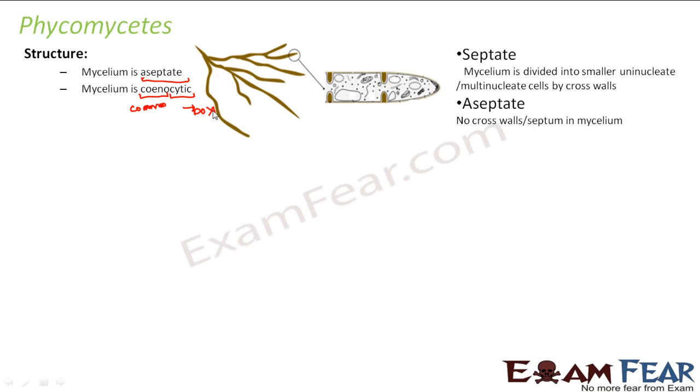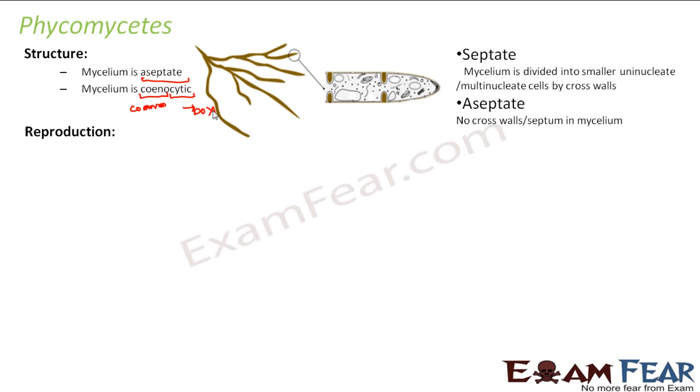This type of mycelium is known as cenocytic. That means many nuclei are present inside the common cytoplasm. Whenever the mycelium is aseptate, it has to be cenocytic, so they are related to each other. If the mycelium is septate, it will not be cenocytic because it will not be sharing the common cytoplasm. So in Phycomycetes, the mycelium is aseptate and cenocytic.